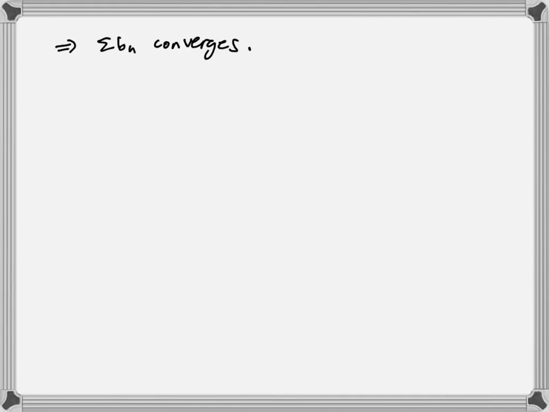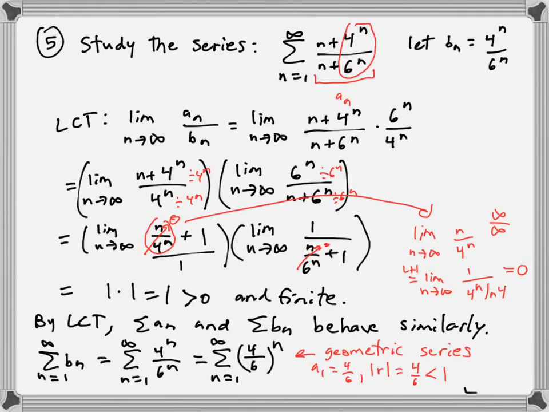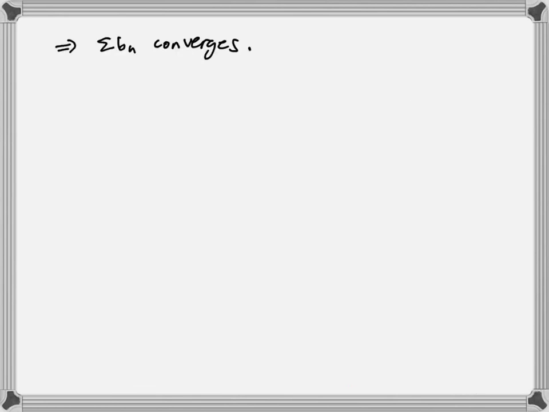So b_n converges, and we've already said that they behave similarly, so this implies that a_n also converges.